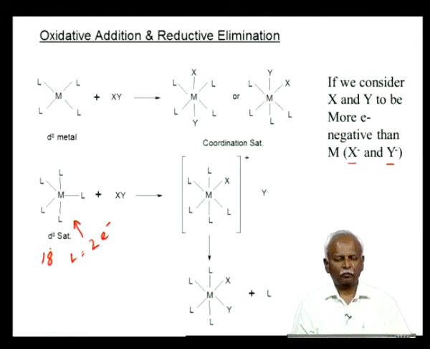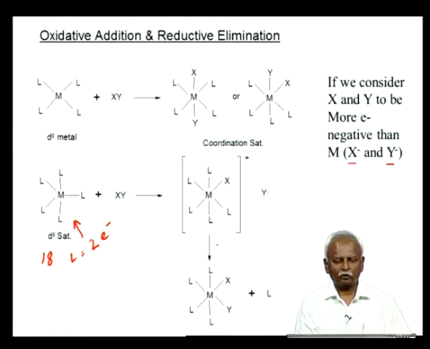And so, when you react it with XY, then you end up with a complex where you have the heterolytic splitting of XY in such a fashion that you end up with ML5X+.